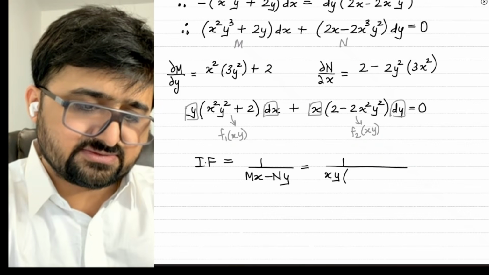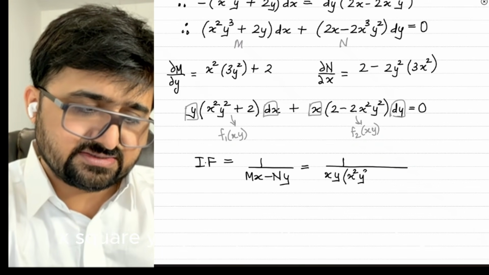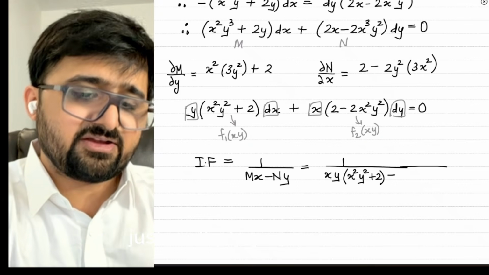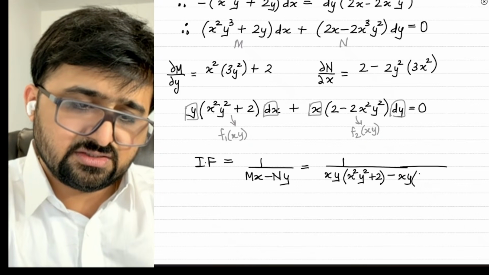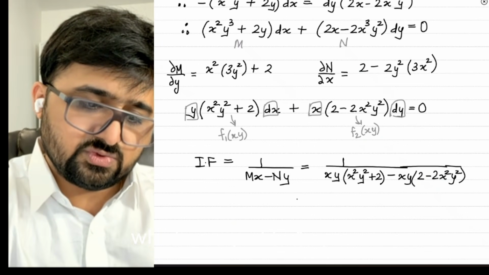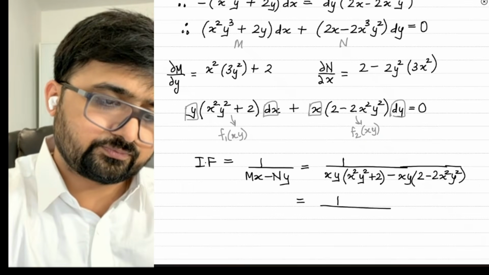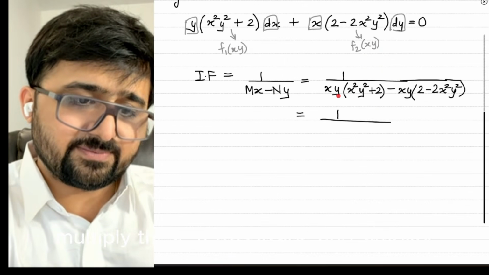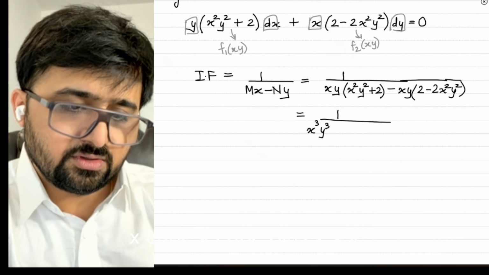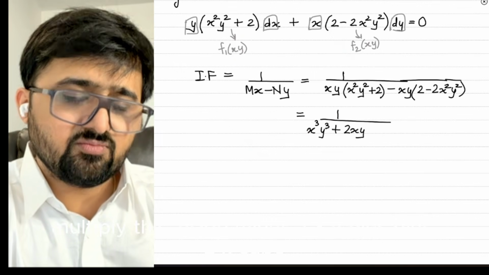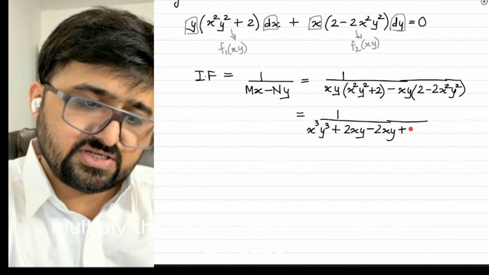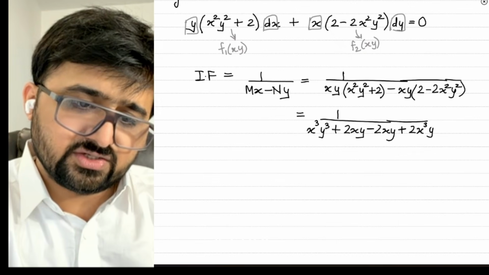So you have xy(x²y² + 2) minus N into y, just multiply y over here. So again xy(2 − 2x²y²), which is equal to 1 upon, multiply these terms inside and simplify: x³y³ plus 2xy, multiply this inside, minus 2xy plus 2x³y³.